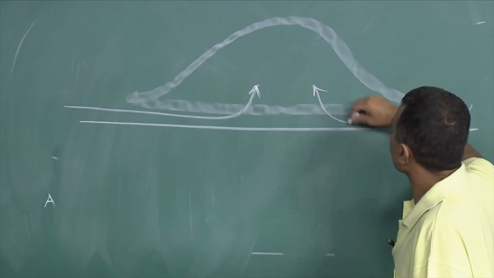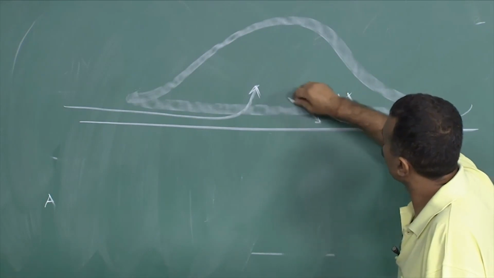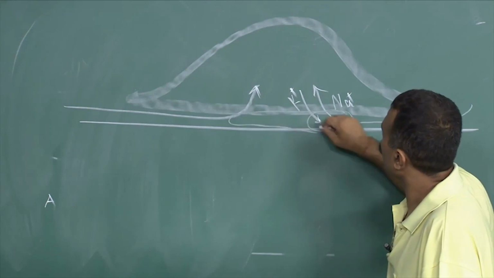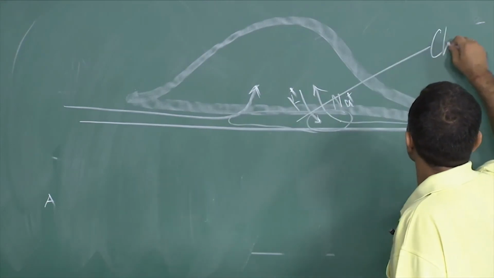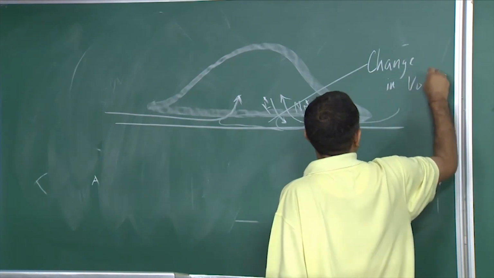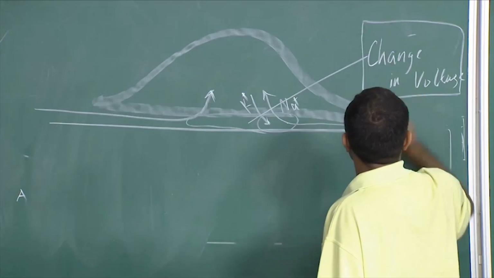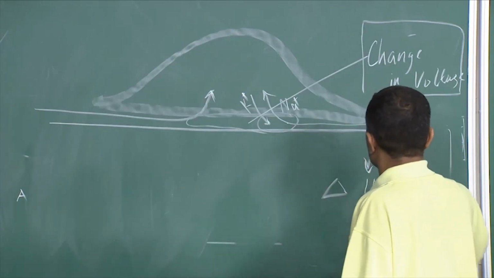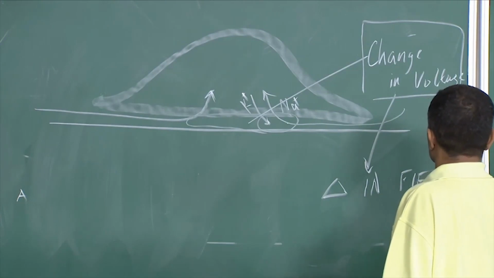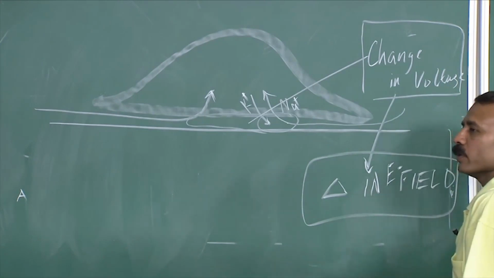These yellow arrows are nothing but the influx, and in this zone there is a change in voltage, and I am just showing the change in field, or change in electric field, I should put it.